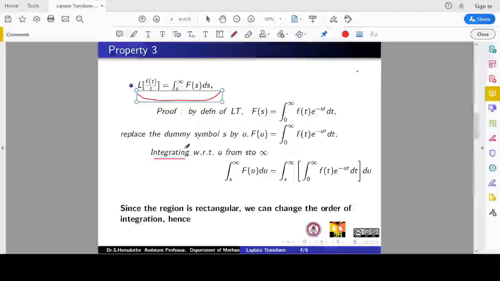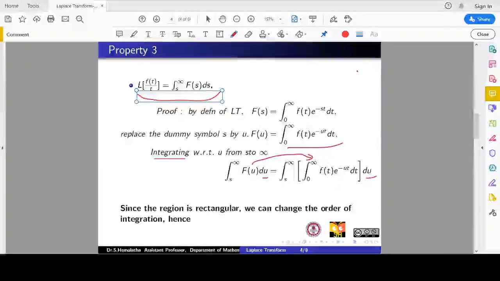This is written because I want to prove this result. I am integrating between these limits with respect to u. So this side also with respect to u. This is my F(u). Whatever I have written here, this F(u) is completely replaced by this entire bracket. Okay.